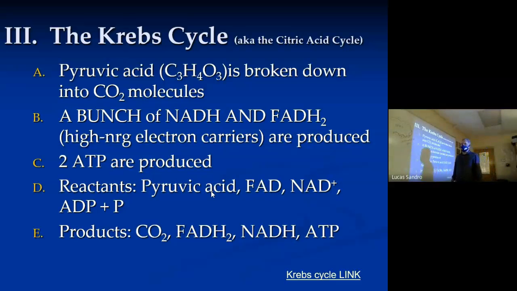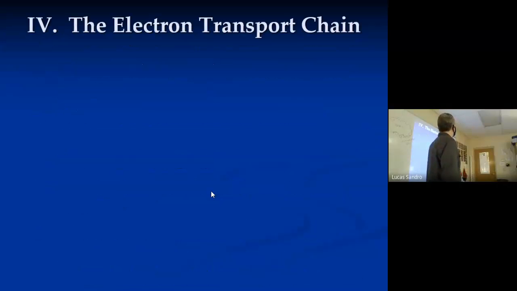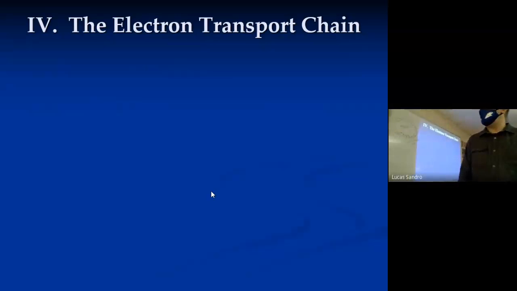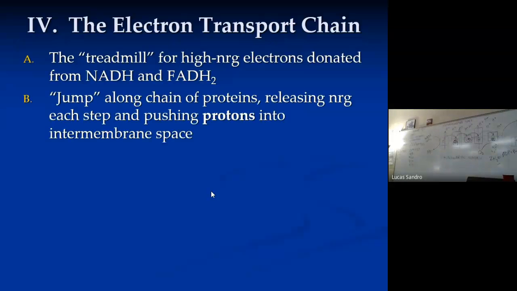Then your big moneymaker being the electron transport chain. That's where all your NADH from glycolysis and Krebs and FADH2 from Krebs gets sent. In that process, as I crudely drew yesterday, we can see that the electrons jump along that chain of proteins.